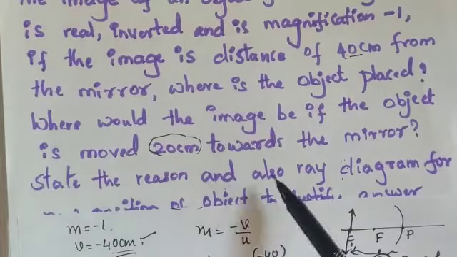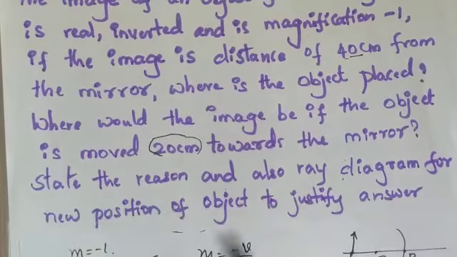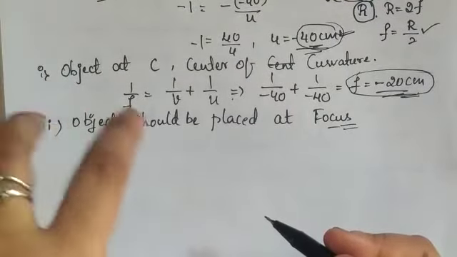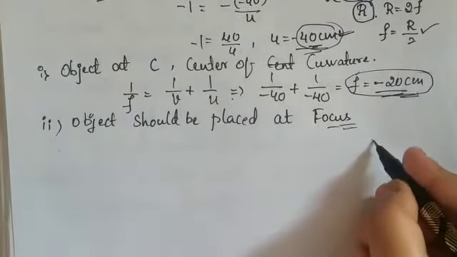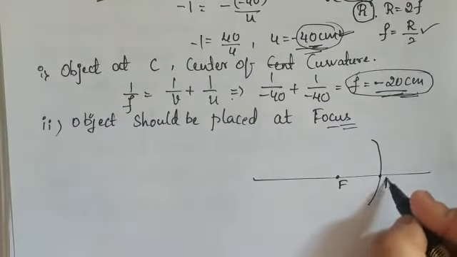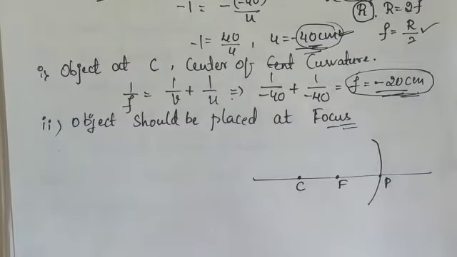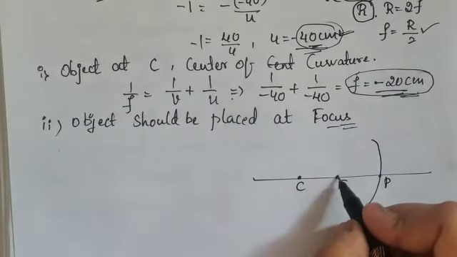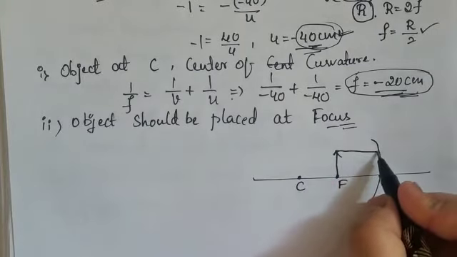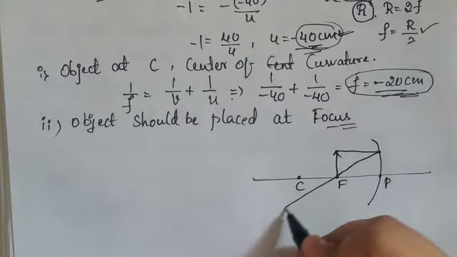State the reason and also draw the ray diagram for the new position of the object to justify your answer. Now if I know the object should be kept at the focus, this is the new ray diagram, and you can see how the image will be forming.